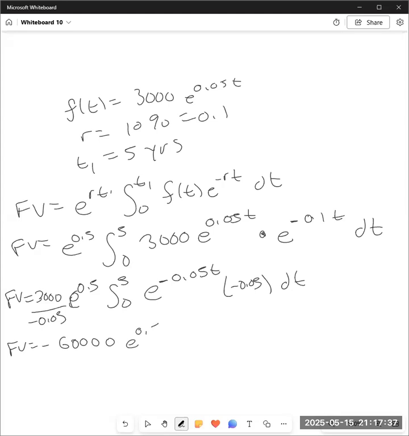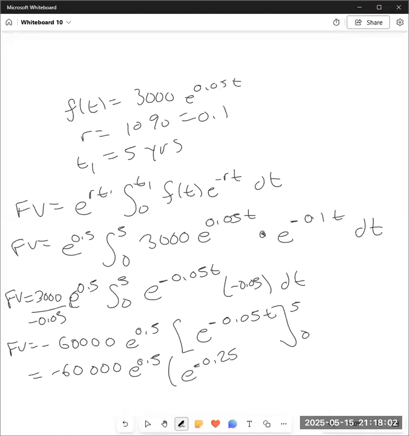E to the 0.5. Then I have e to the negative 0.05 t evaluated from 0 to 5 gives me negative 60,000 e to the 0.5 times, put 5 in here, e to the negative 0.25 minus 1.